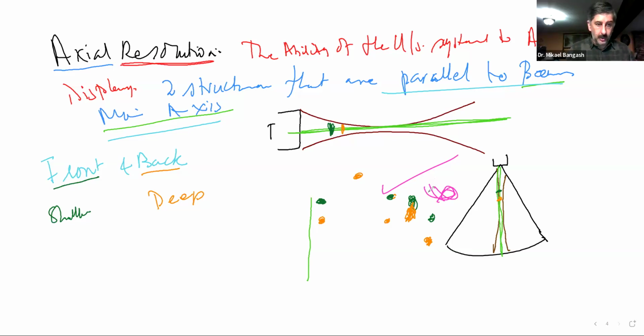This is more commonly referred to as a poor axial resolution because the two structures which were physically there may appear as one mess or one structure.